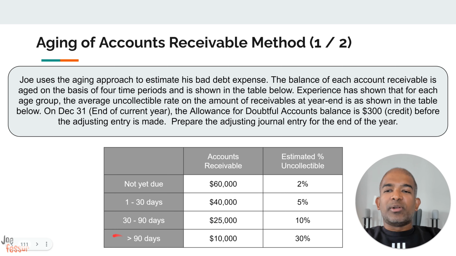And for receivables that are past due by greater than 90 days, he estimates 30% is uncollectible. You can already see that this follows a pattern. The more time has passed since it's due, the less likely you'll be able to collect it. Hence, the estimated percentage of uncollectible keeps increasing the more time has passed since it's due.